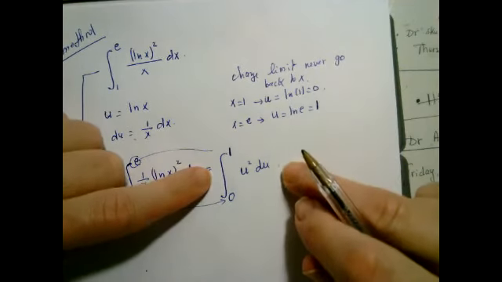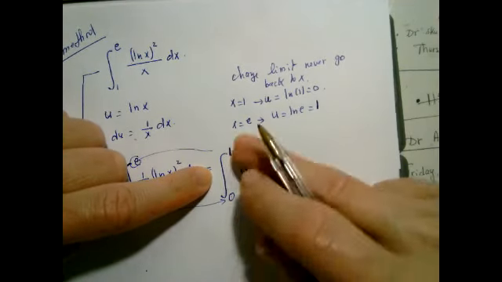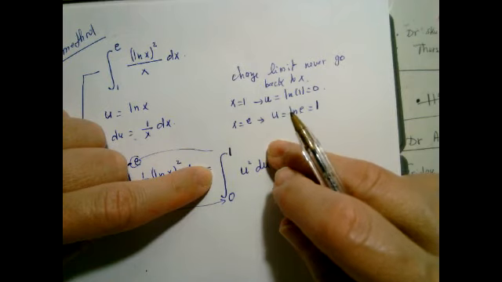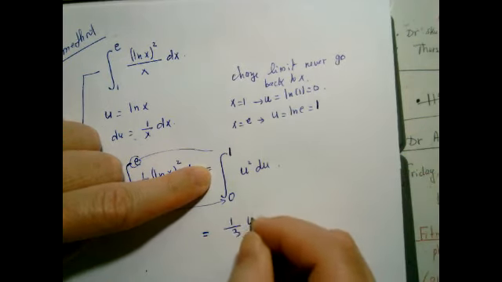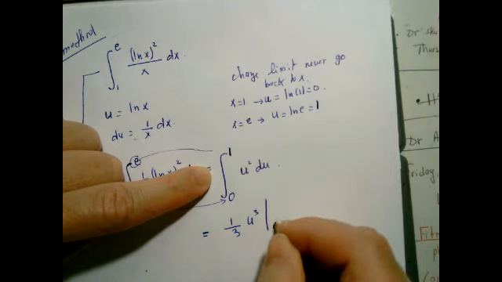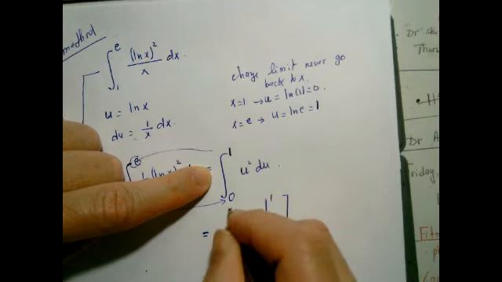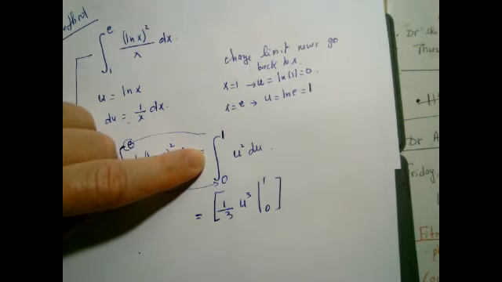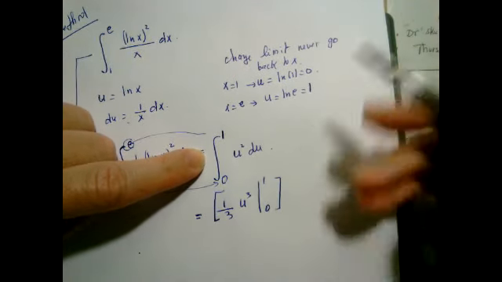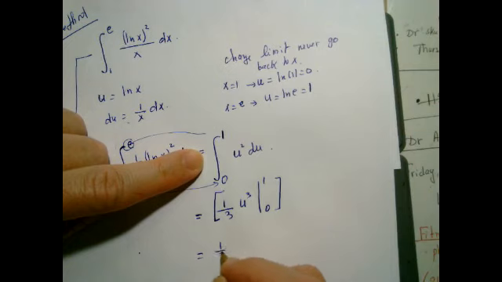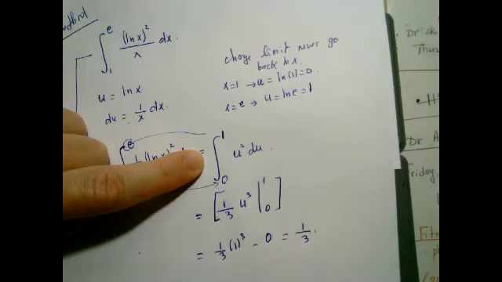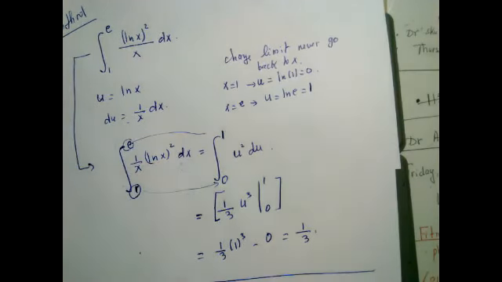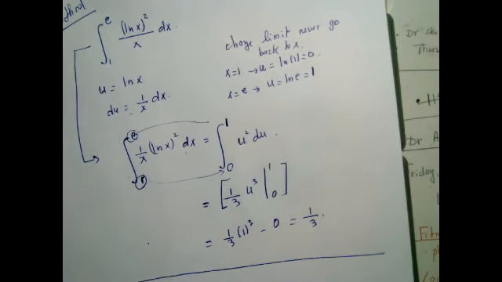Now, this new definite integral, I evaluate this new one, 1/3 u cubed. But now we use the new limit and we don't go back to x anymore. We don't need to go back to x anymore because I changed the limit. And then I will get 1/3 times 1 minus 0, which is 1/3. End of the problem. Okay.